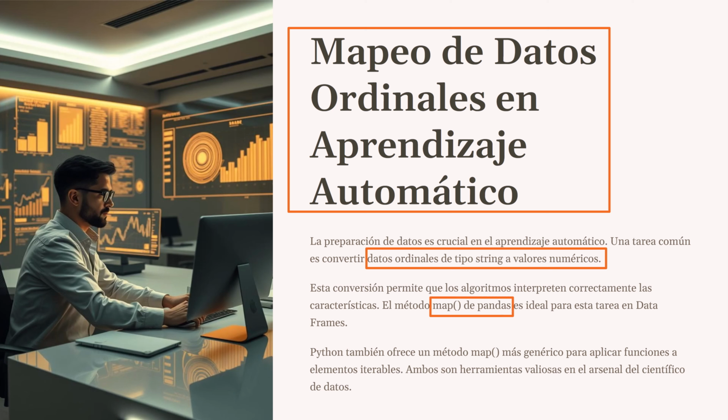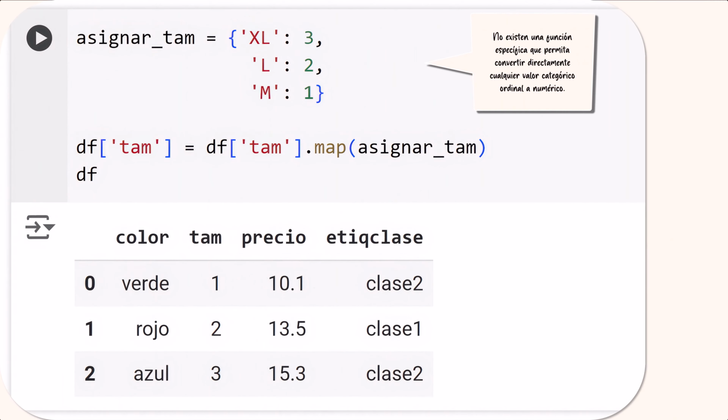In this case, a specific method from pandas to work with data frames. Although Python also has a more generic map method that allows you to apply a specific function to all elements in an iterable, we don't have a function that automatically performs this assignment of ordinal categorical values to numerical values, as they can vary greatly from one to another.